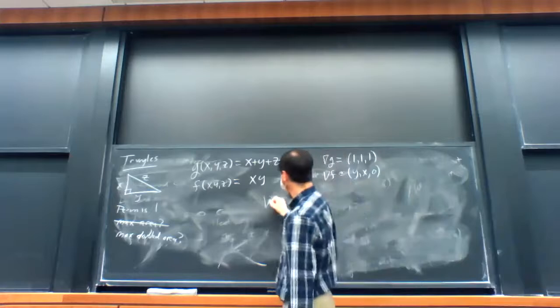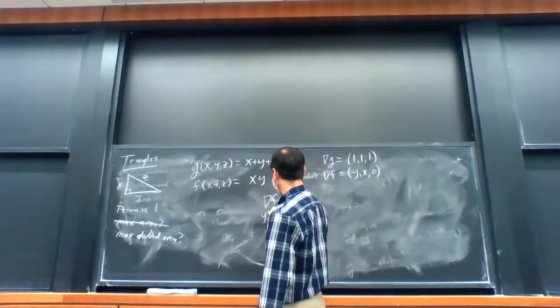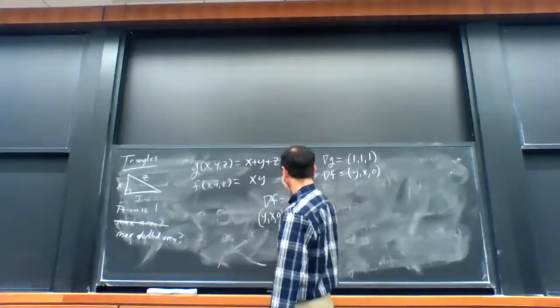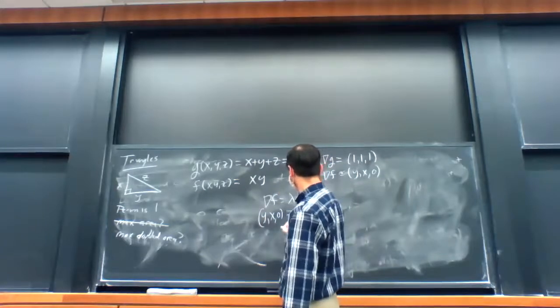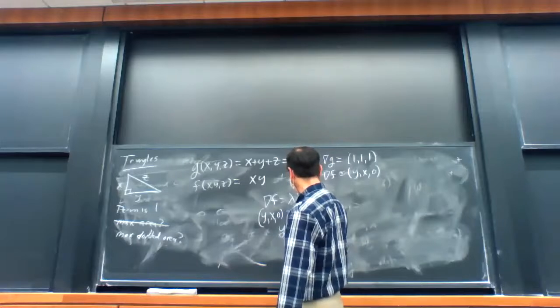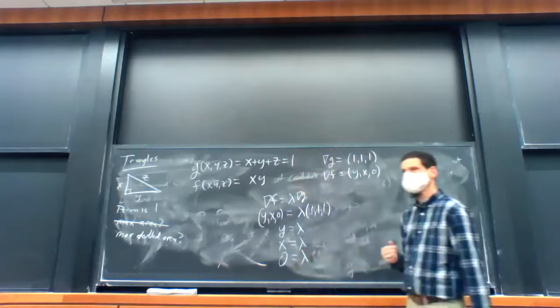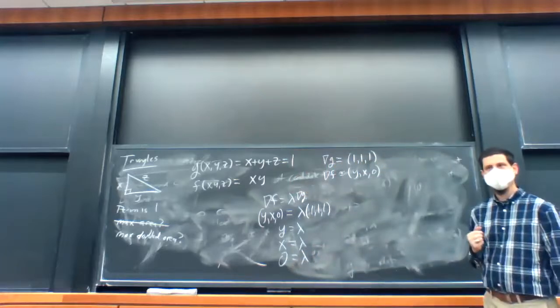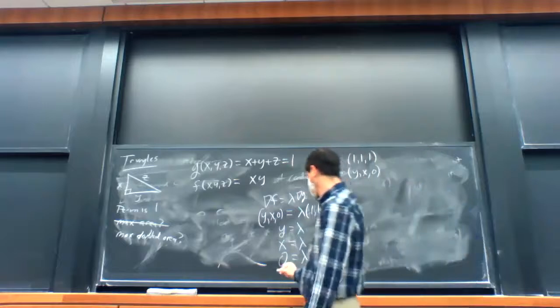We now want the gradient of F equal to lambda gradient of G. So we want (y, x, 0) equal lambda (1, 1, 1). So we get y equals lambda, x equals lambda, and 0 equals lambda. And of course, we have x plus y plus z equals 1.